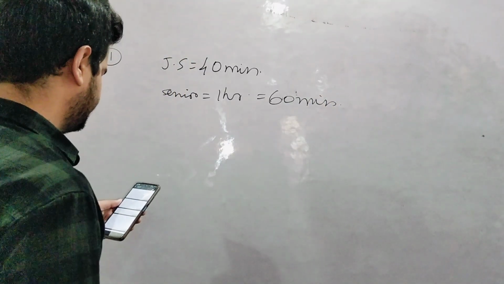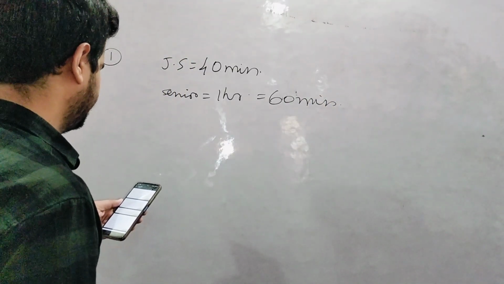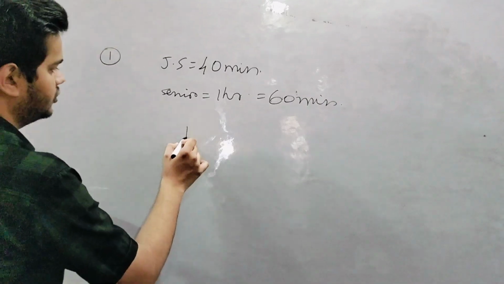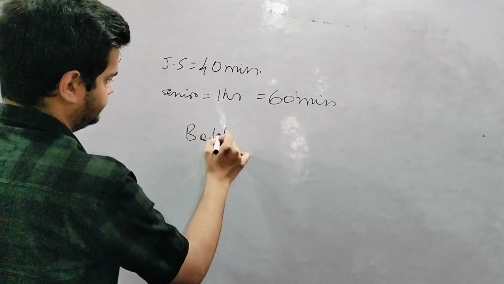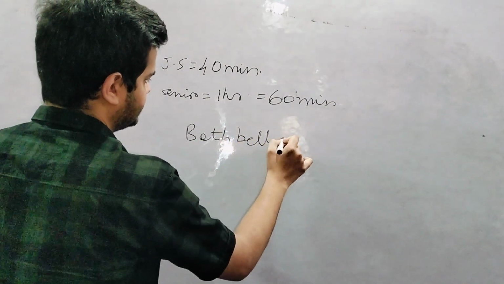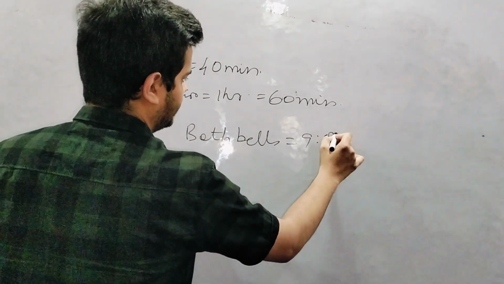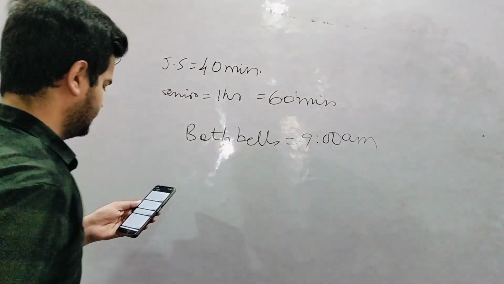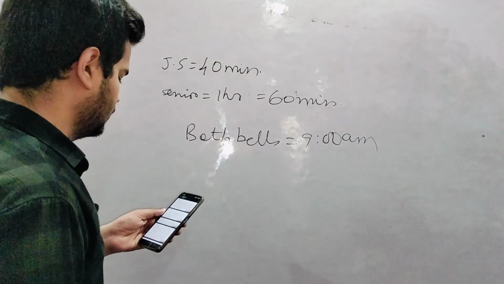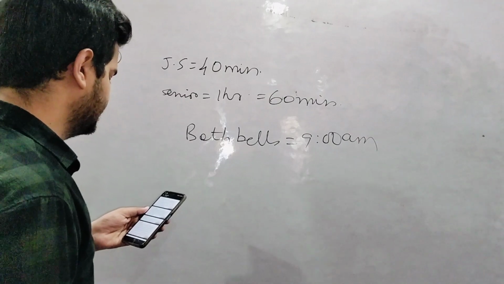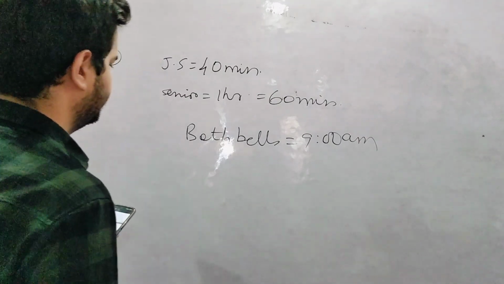If the first bell for each section rings at 9 a.m., when will the two bells ring together again?